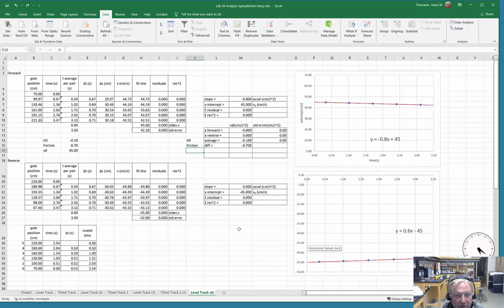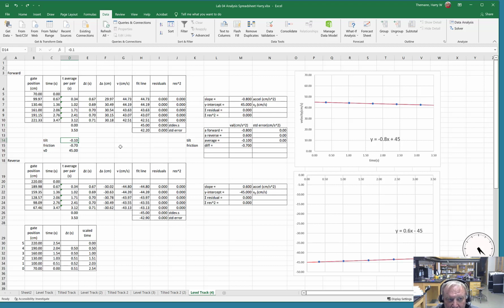And I'll show you here, I made up artificial data to just make absolutely certain. So I have a tilt, and these numbers are just accelerations. So when I'm going forward from gate 0 to gate 5, we call that forward direction.